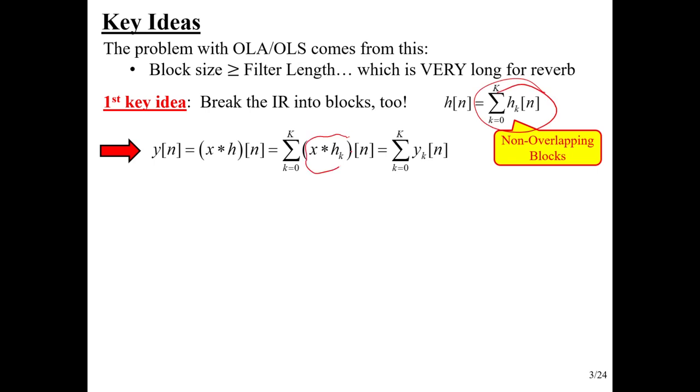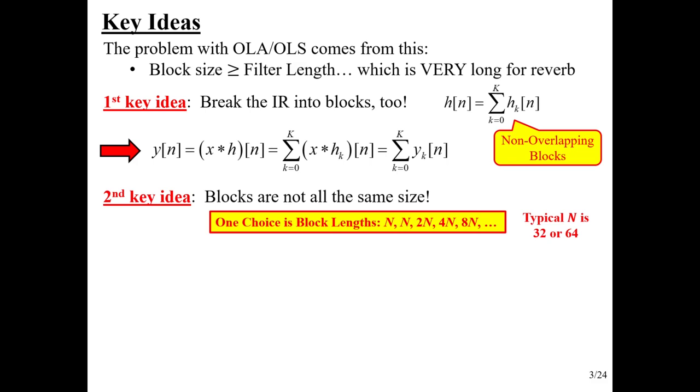We would convolve X with each individual block and get a Y sub K from each of those, and then just add up those individual outputs, a bunch of output components that add together to give the complete output. So that's the first idea, and that's the biggest one. The rest is just trying to figure out how to mechanize that and make it feasible and workable.